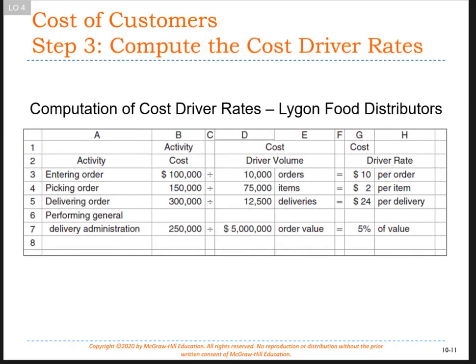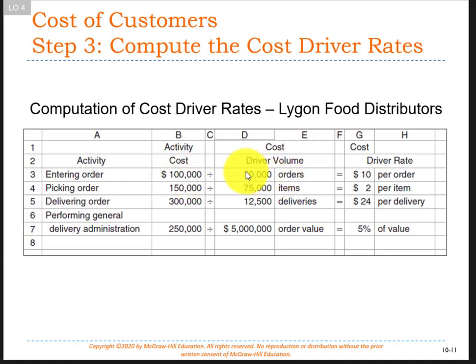So when we do that, we figure out that entering orders would require us to do some type of a study of how people's time is spent. So we did that, and we decided that for entering an order, the people that do that and the process that happens cost $100,000 over the course of a year, or whatever period of time we want to choose to look at.